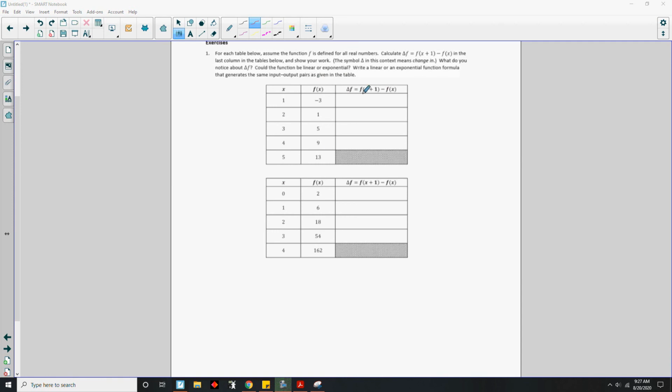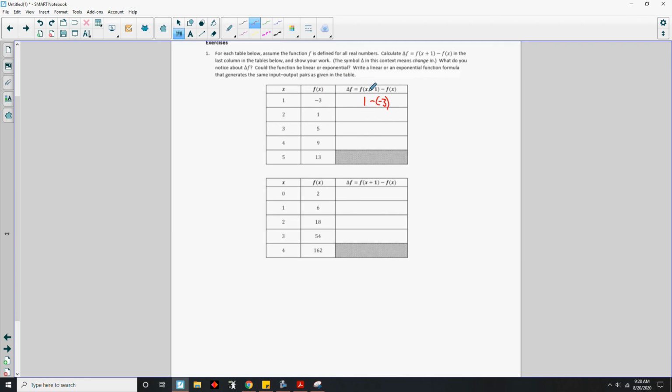Okay, so f of x plus 1 would just be the next term. f of x is negative 3, so I'm going to write minus negative 3 right here. This is f of x, so this is minus f of x. Well, what's f of x plus 1? f of x plus 1 is the term following f of x, and that is 1.